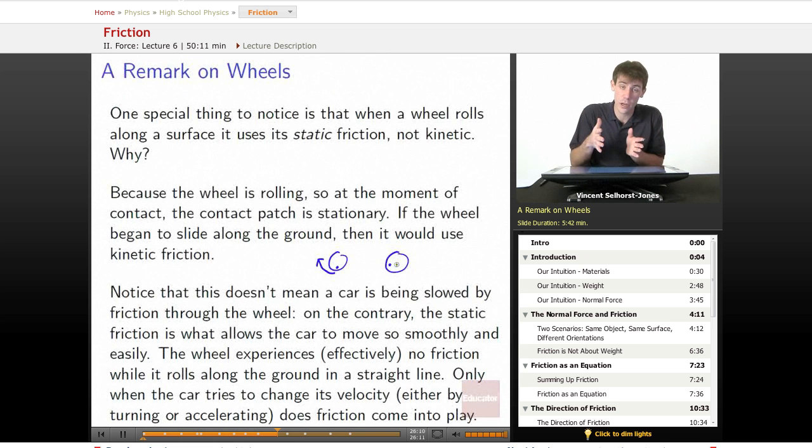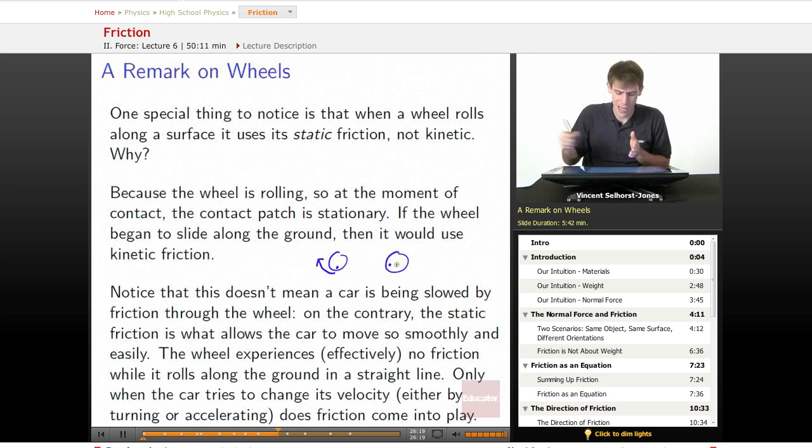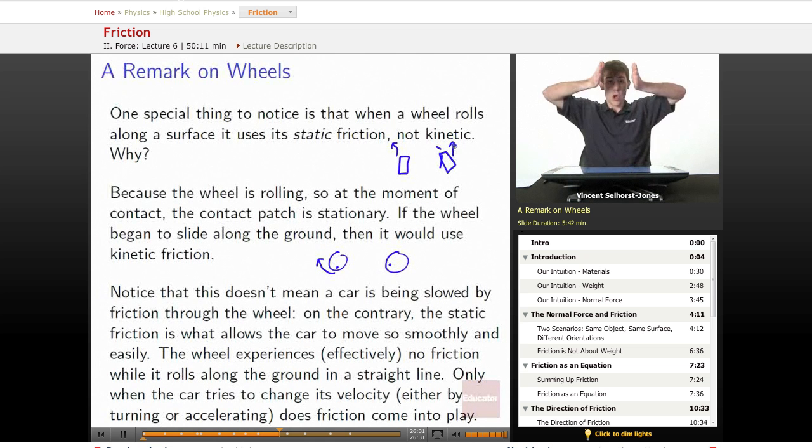Or if you were to turn, that's when friction is going to come into play because, and we're going to have to diagram this in my hands because it's too hard to actually do as pictures. Normally you'd have the wheel running like this, but then if we want to turn, the wheel's going to turn like this, but the motion of the car is going to be going like this. So normally your wheels are going like this and we have effectively no friction.